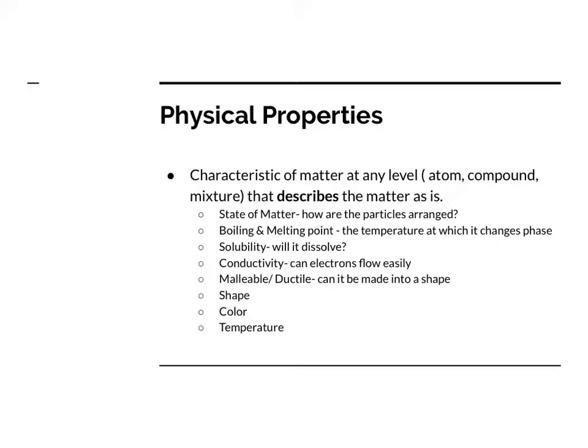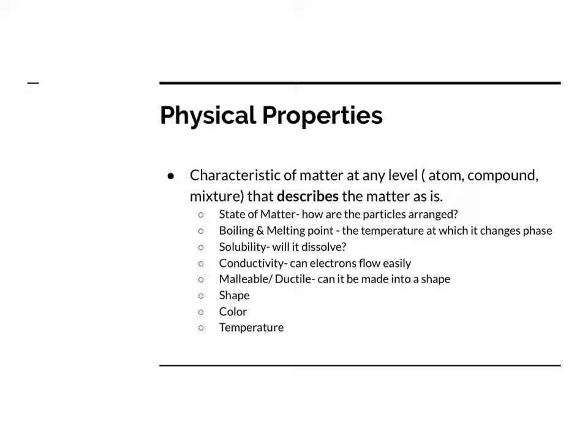Solubility. Solubility can be kind of tricky, but the main question is, will it dissolve? Most of the time to test solubility, we put a substance in water because water can pretty much dissolve most things. Conductivity we've talked about a lot before, and conductivity is just this idea that electrons can flow really easily throughout the material or the substance, so it can produce electricity.